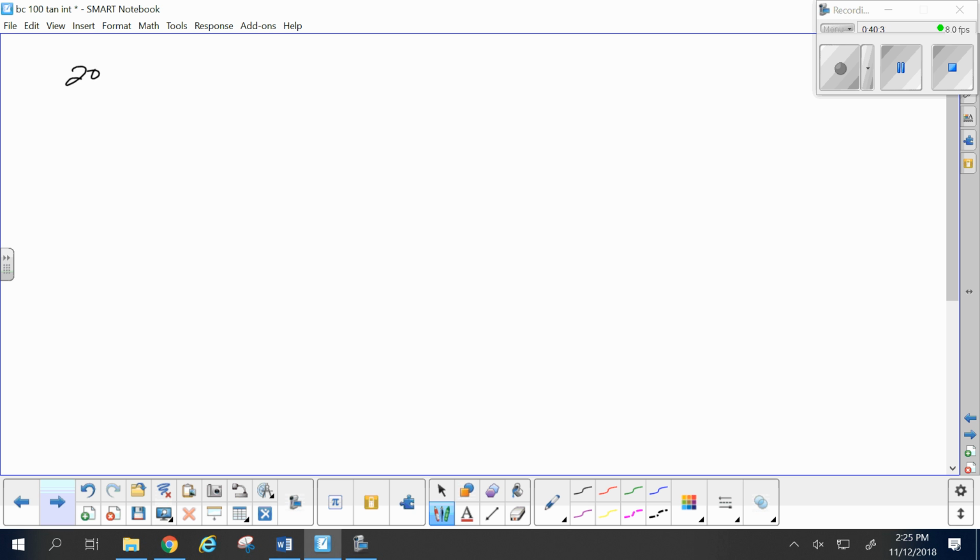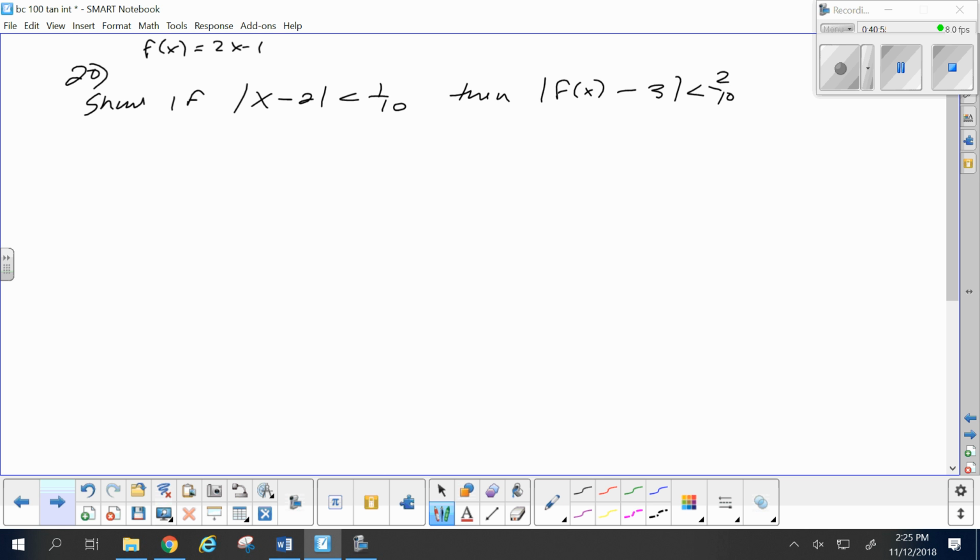Are we good? Well, let's finish that idea. We are trying to show if absolute value of x minus 2 is less than a tenth, then it must follow that absolute value of f of x minus 3 is less than 2/10. Sweet.